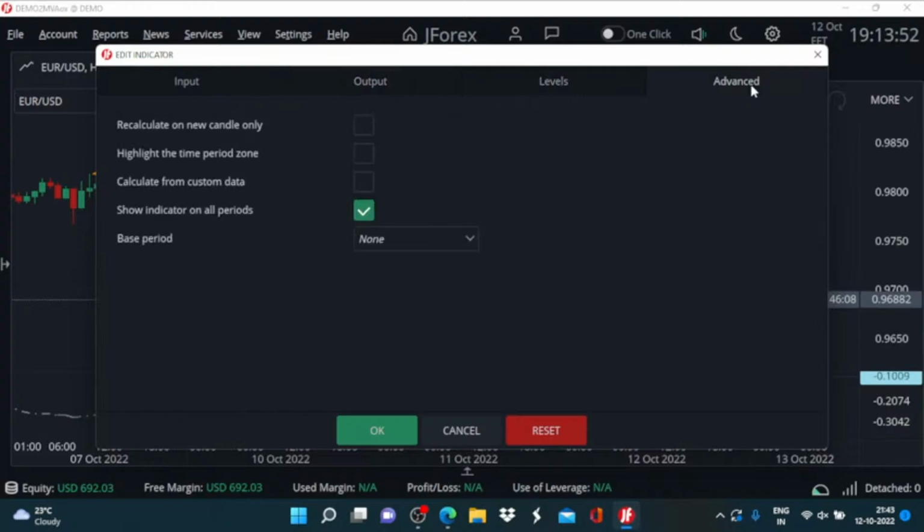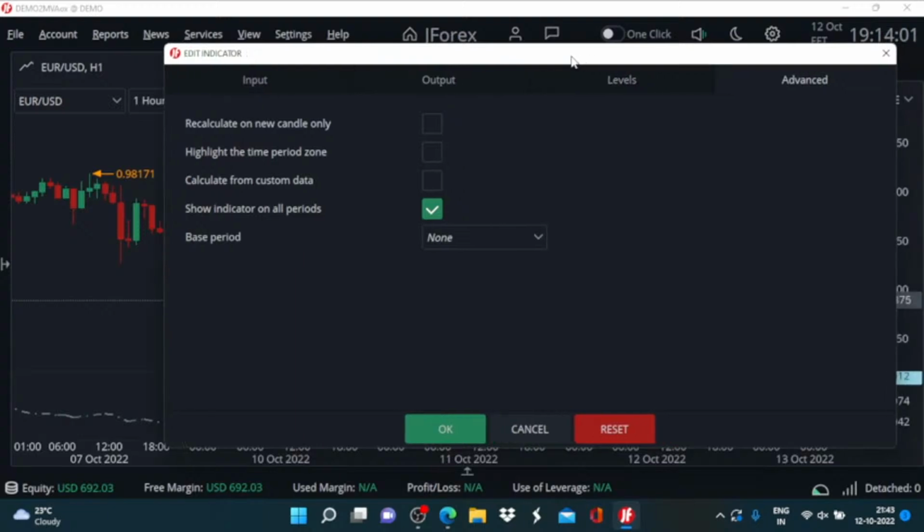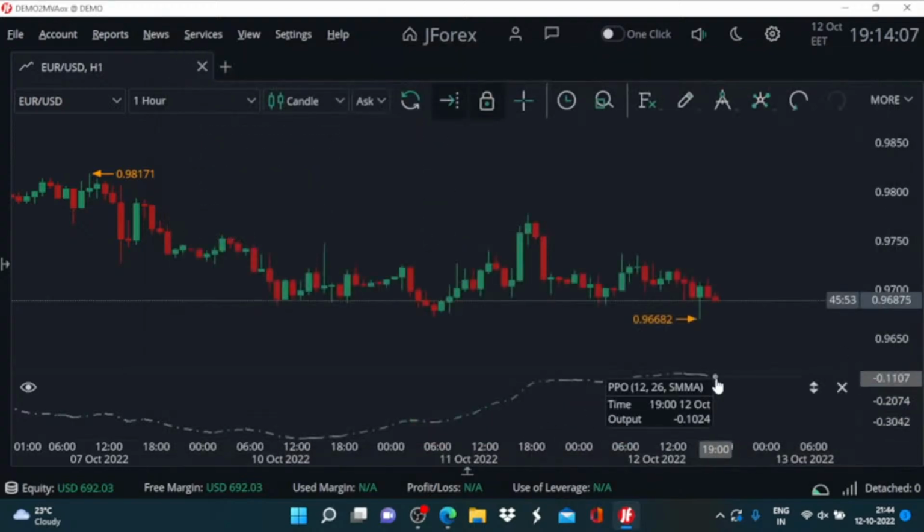Coming to the advanced editing option, if you want the calculation for the indicator to show the same output for the current candle period, then you have to opt in for this option. Then this output will remain constant throughout the current candle period. Otherwise, it will keep varying depending on current applied price.